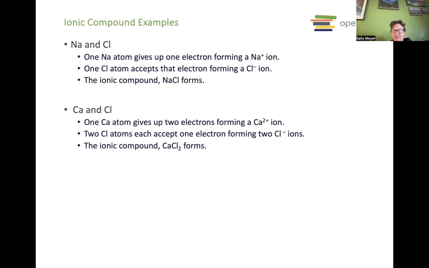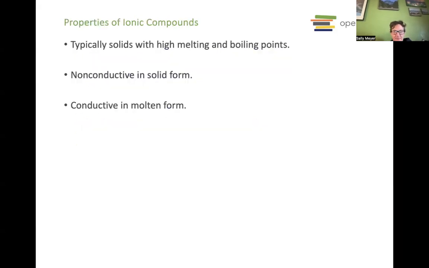Calcium and chlorine is similar, except calcium has to give up 2 electrons, so you have 2 chlorines each pick up 1 electron. And so you get an ionic compound that's 1 calcium 2+ cation and 2 chlorine single negative anions.